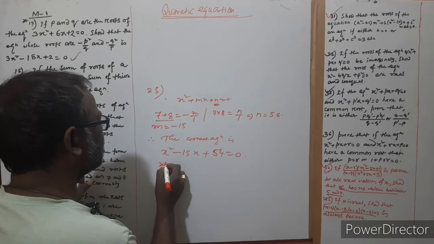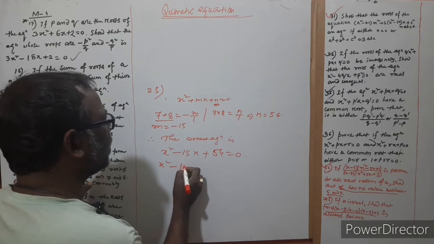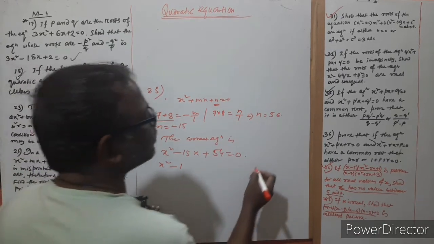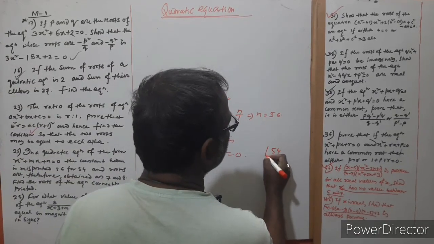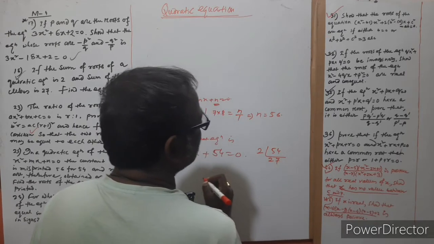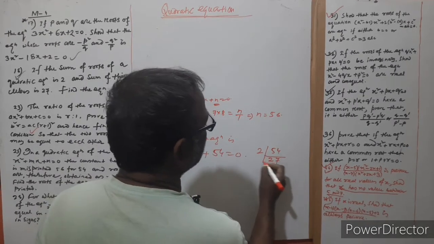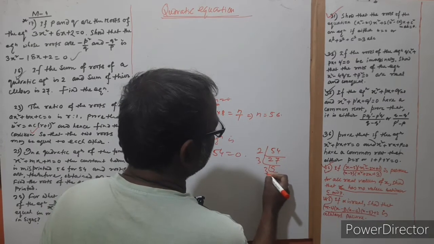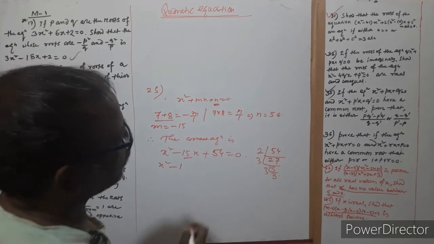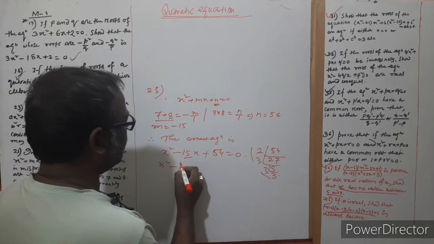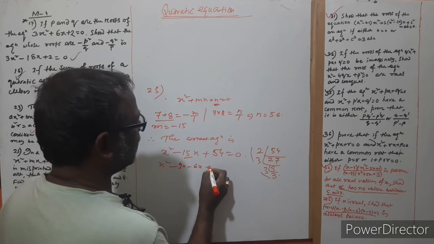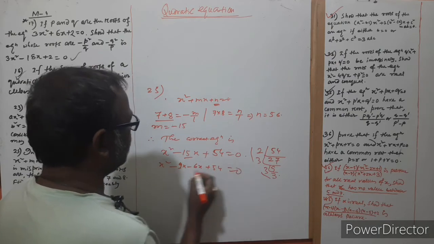Now solve this equation. So x square minus 15x plus 54. Actually now we want to get 15, so 6 or 9. So 9x and 6x and 54 equal to 0.